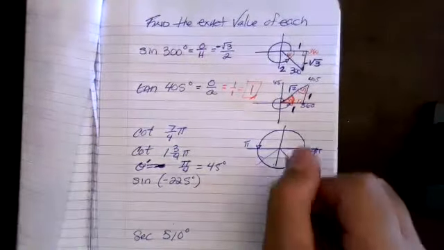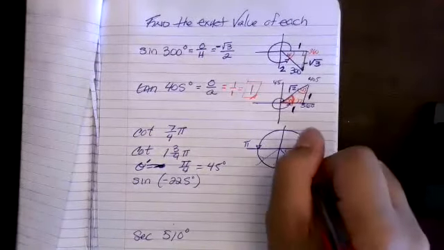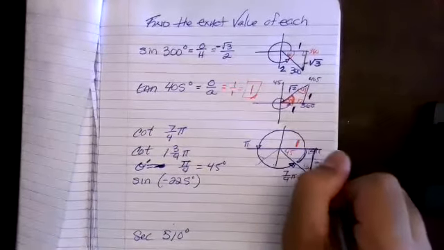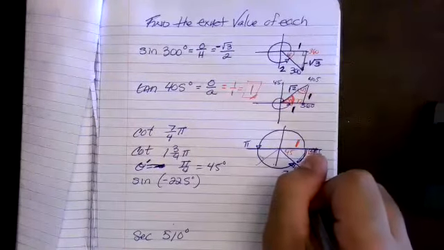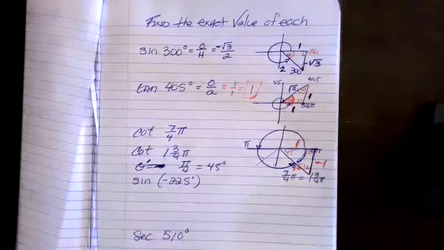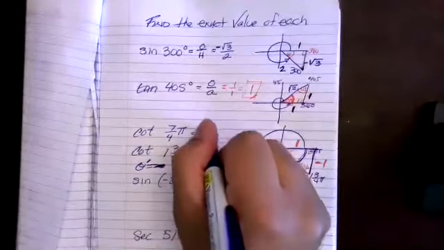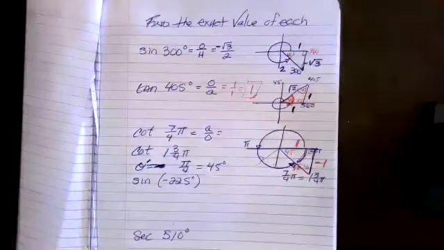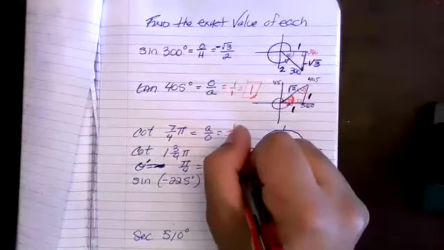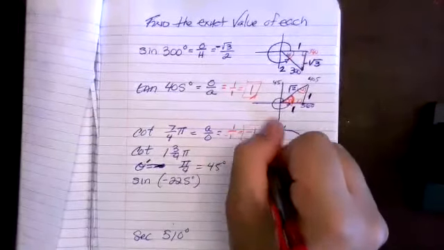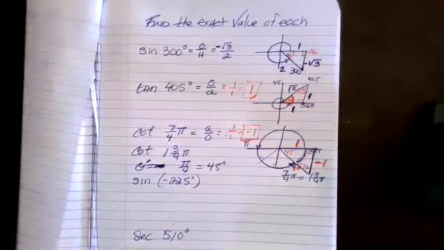So once again, this is a 45, 45, 90, with this side being 1, this side being -1, and my hypotenuse being radical 2. 1, 1, radical 2. Cotan is a reciprocal of tan, so it's A over O. So my adjacent is 1, and my opposite is -1. In this case, cotan of 7 over 4 pi is -1.